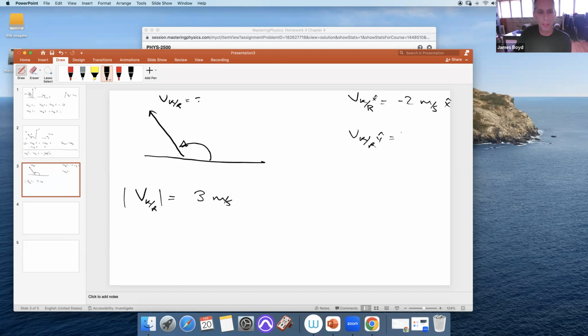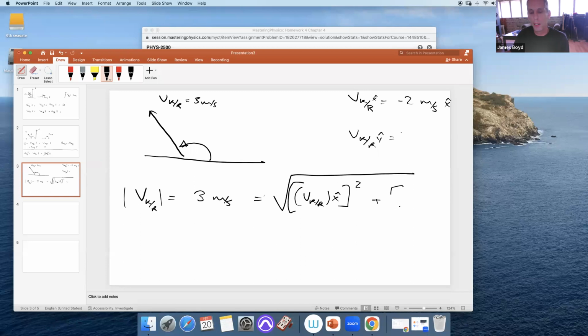That is how fast he can paddle. And that is equal to the square root of the velocity of the kayaker versus the river in the x squared plus the velocity of the kayaker versus the river in the y-hat squared.